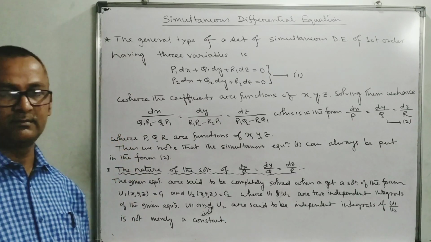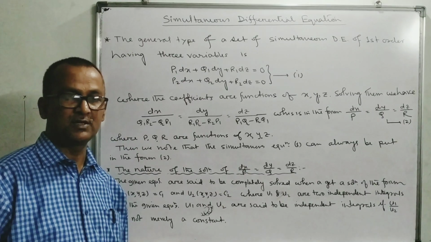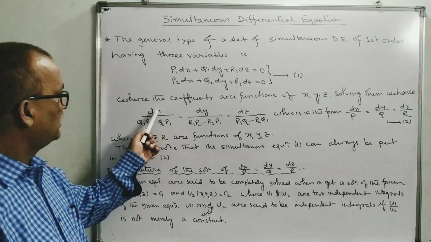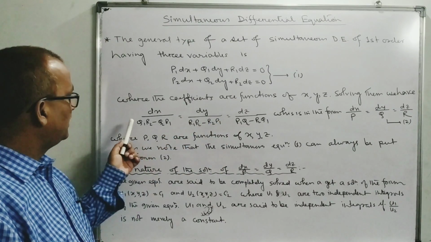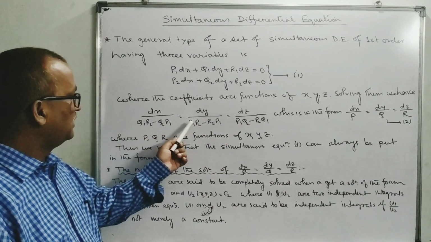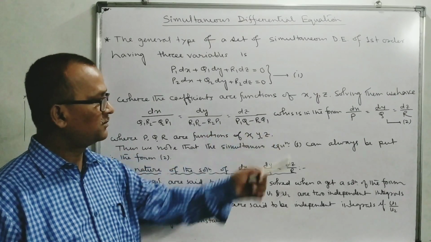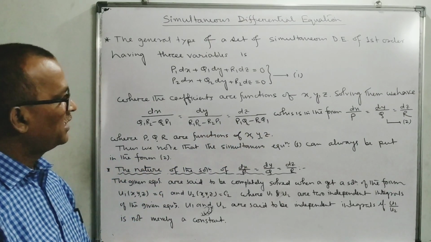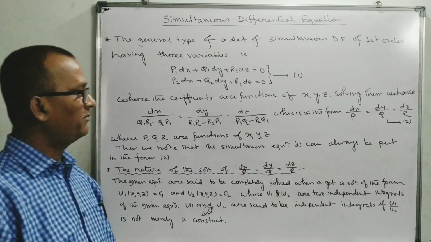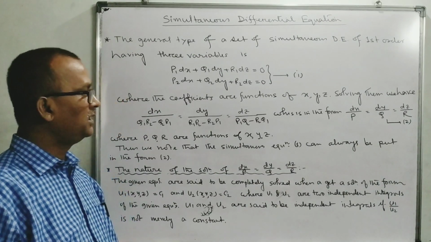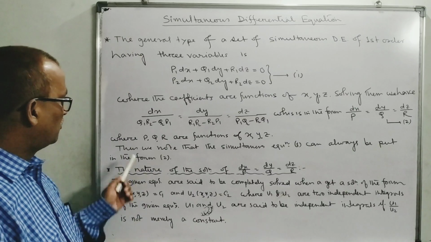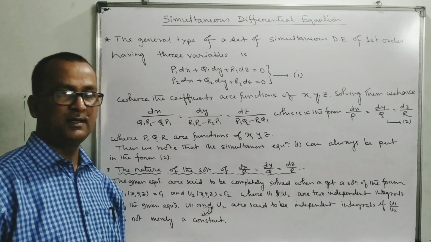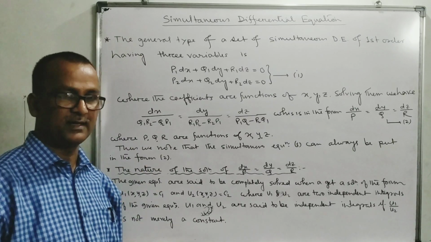Solving them by applying the cross multiplication method, we get dx by, dy by, dz by, and these in short written as p, q, r. So equation 1 is converted to the form dx by p equal to dy by q equal to dz by r, number 2, where p, q, r are functions of x, y, z.